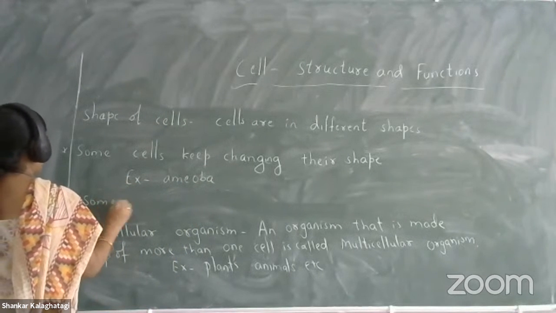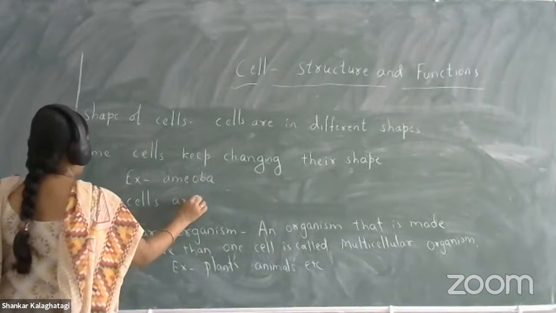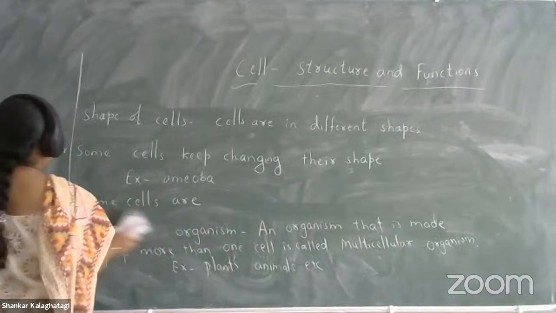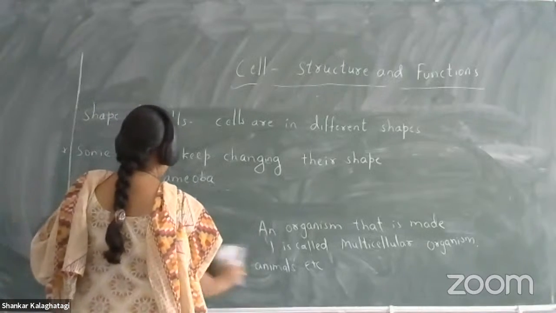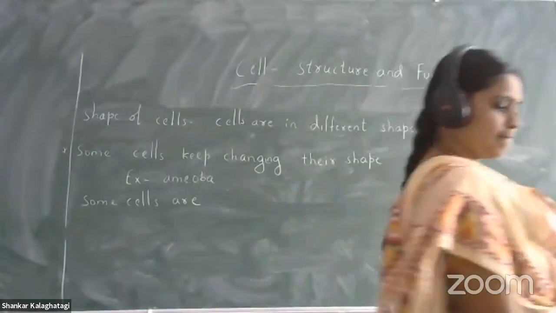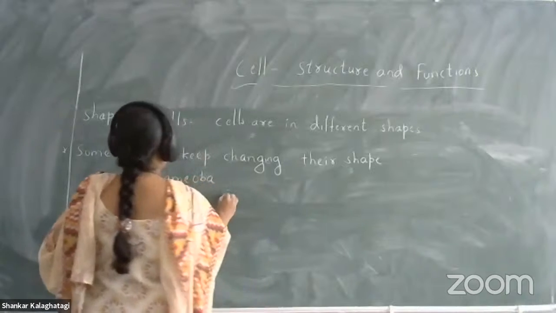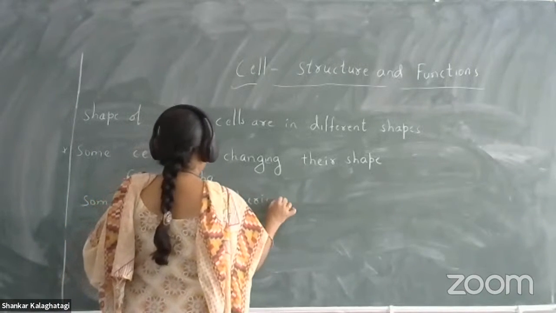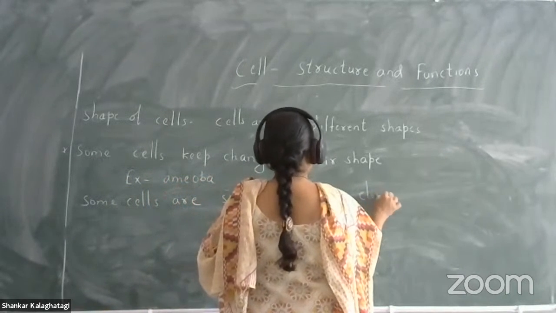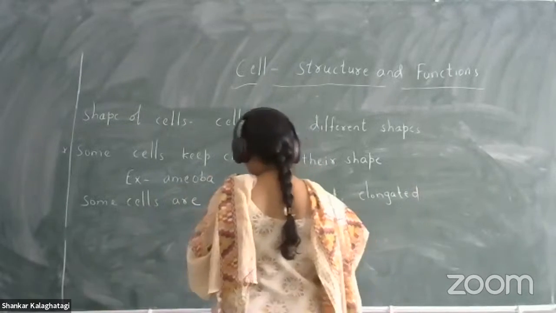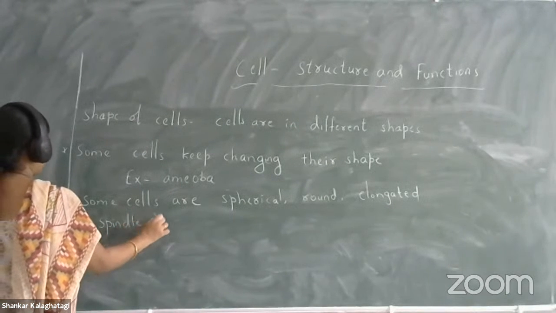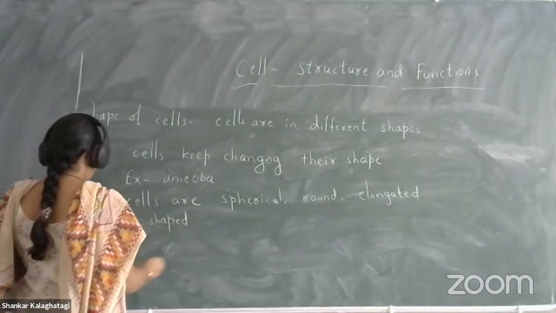Some cells are spherical, round, elongated, spindle shaped, or branched.